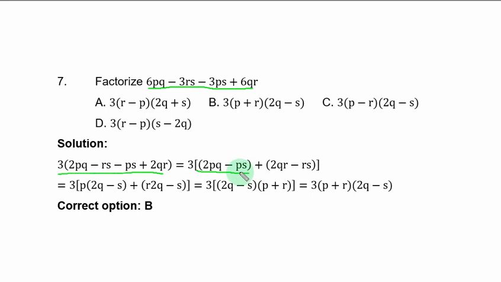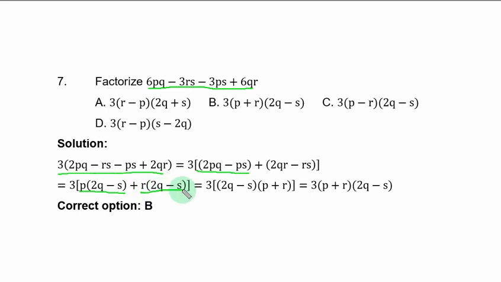We are trying to follow the order of the letters. From the first group, you can factor out P, and you have it in this form. From the second group, you can factor out R, and you have it in this form.